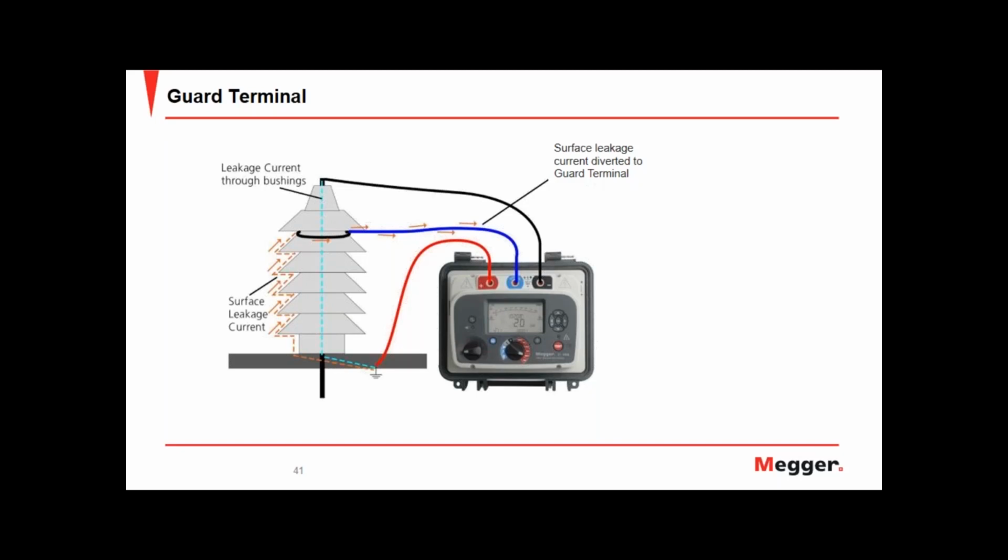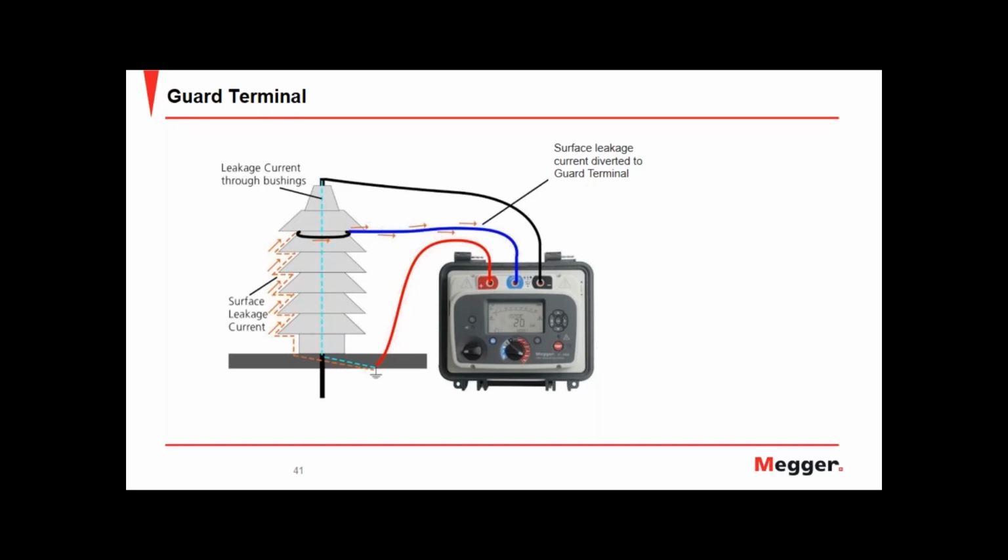This leaves us with only the leakage current through the insulation material being considered and measured. And this provides us with the true, accurate IR value that we're looking for, that we can confidently rely upon. It's a value that we can base sound decisions upon in the next chapter of this asset's life.